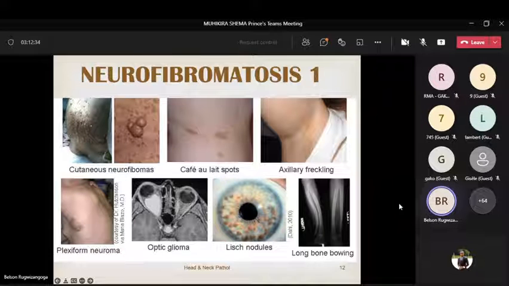So these are some of the signs. Otherwise, this disease will come now and then as we go on discussing different diseases. So it is a syndrome. Then in a syndrome, you can have many diseases arising from it. So the patients will develop a neurofibroma, others will develop meningiomas, others will develop what's called schwannoma, and so on.